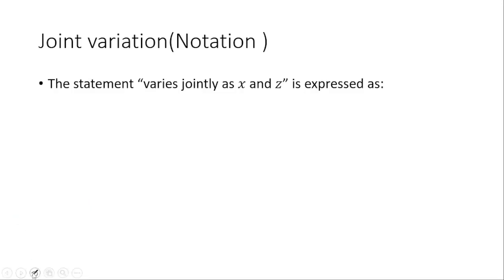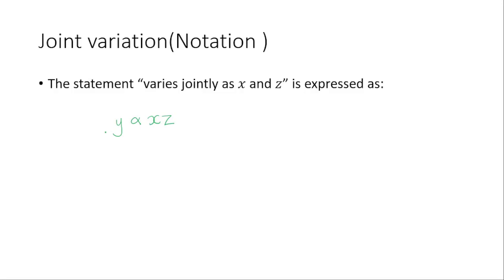I don't like red. Okay, green. So we would say y varies jointly as x and z in that way.